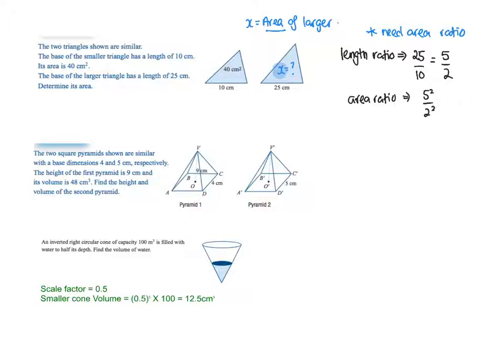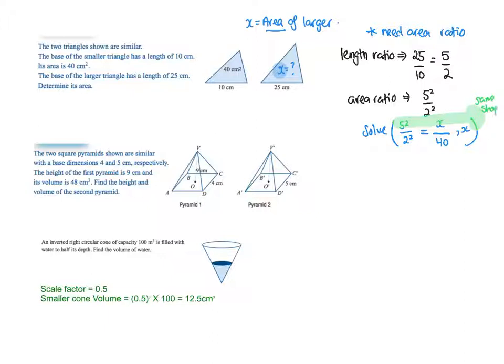So I'm going to go solve, because I want to use the area ratio. I'm going to put equals. Now, the big one is what I want to find out, isn't it? So I'm going to put the X there, along with the big shape. And the little one's what I already know, it's 40, and then comma X. So what you're doing is making sure that across here is the same shape.